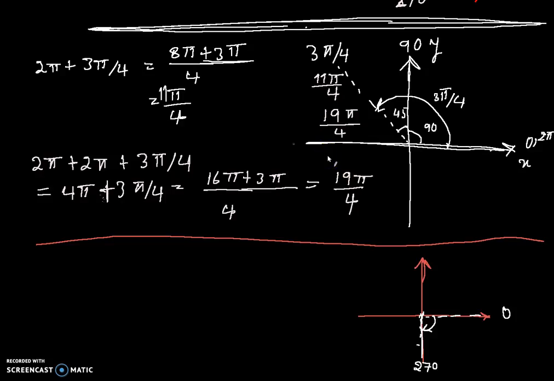Let's see, this is pi by 2, this is pi, and then this is pi plus pi by 2, which is 3 pi by 2.